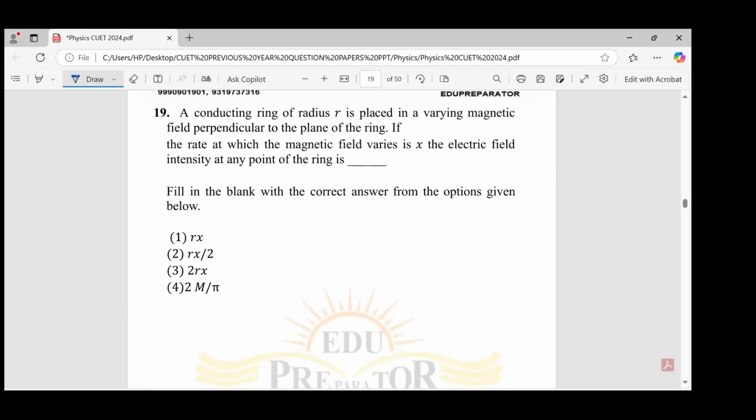So this question number 19 involves the basic concept that EMF is equal to electric field into 2 pi r, and also in induction we know EMF is equal to area into rate of change of magnetic field.